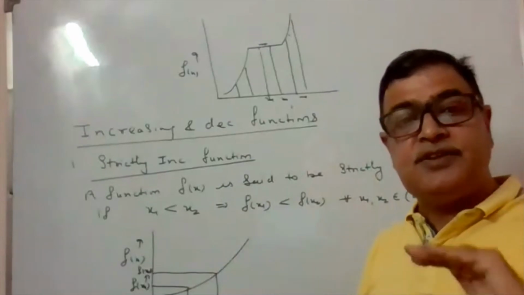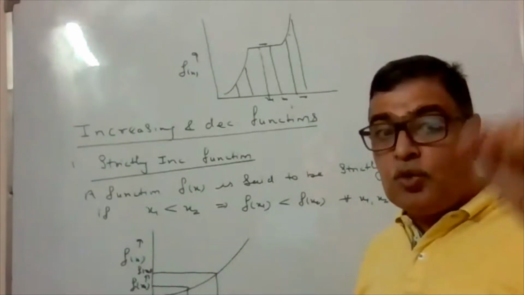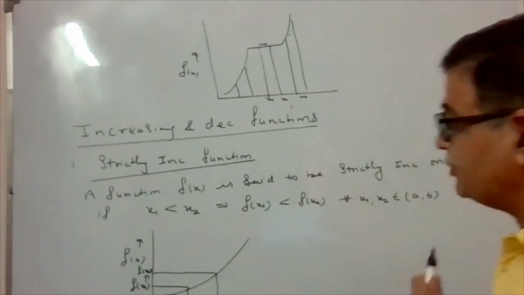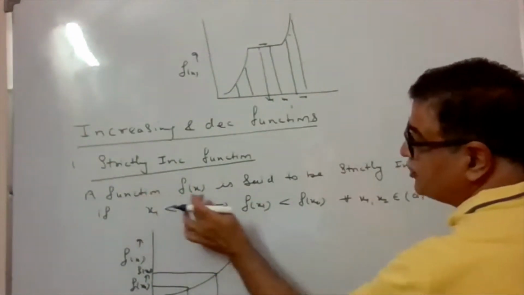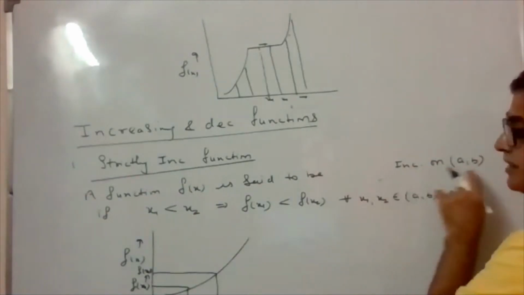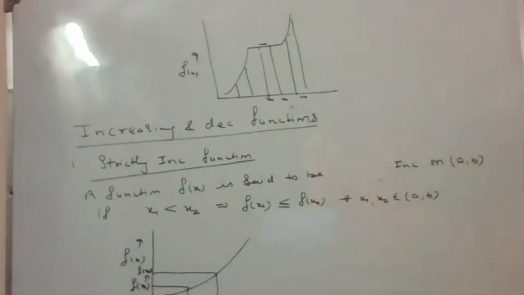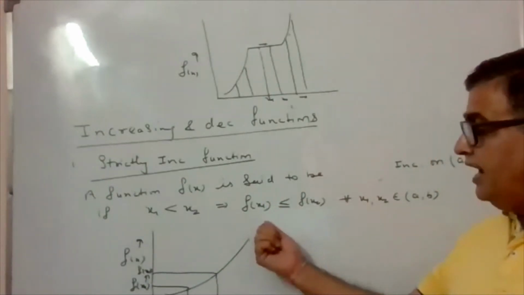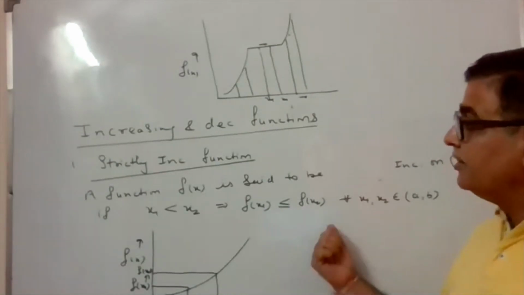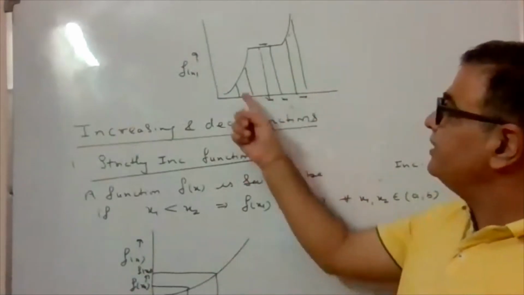So in this case, you will say it is not strictly increasing. There are some places where it is completely increasing, but some places it becomes constant, but not going down, not decreasing. So if that condition comes, we'll say a function f(x) is said to be, not strictly, increasing on (a, b) if x1 less than x2 implies f(x1) is less than or equal to f(x2) for all x1, x2 belongs to (a, b).